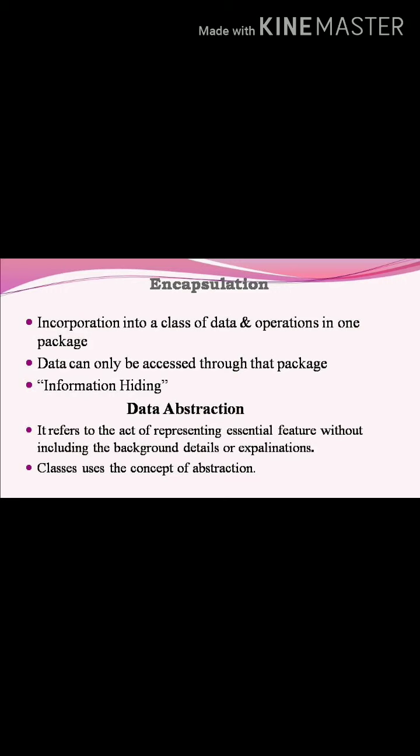They encapsulate all the essential properties of the object that is to be created. The attributes are sometimes called data members because they hold information. The functions that operate on these data are sometimes called methods or member functions. Since classes use the concept of data abstraction, they are known as abstract data types.